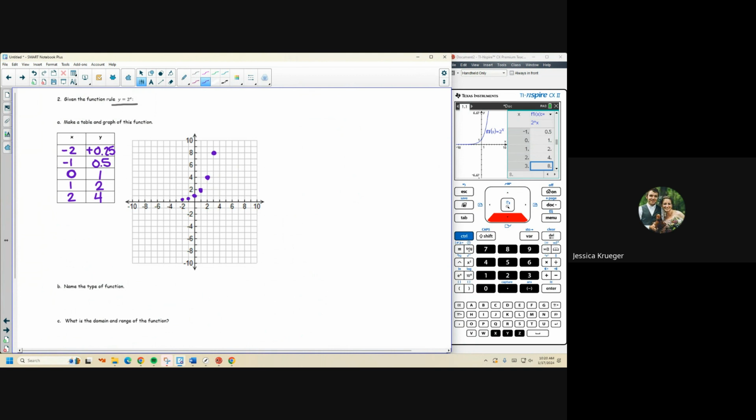Now, I notice that my function comes down this way, and then it just lays along the x-axis. So what's happening here is the function gets closer and closer to 0.